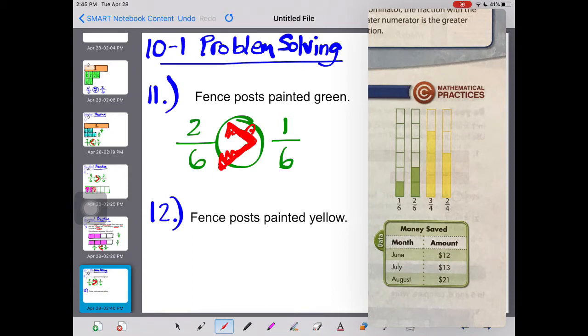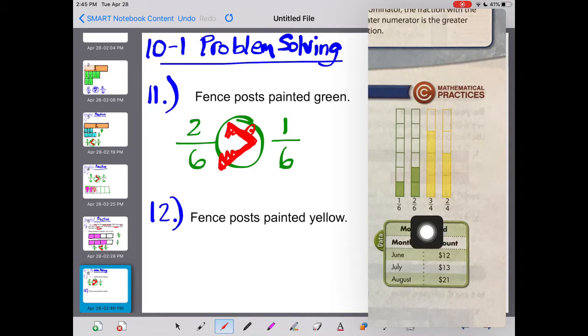All right. Now we're going to be looking at the fence posts painted yellow. So it looks like this is a little different. Same size fence post, right, guys? It looks like the green ones and the yellow ones are the same size fence post, but look at the denominator. Different denominator. It has a 4. So if I didn't have a picture of this, I would say, all right, those fence posts have been divided up into 4 equal parts.